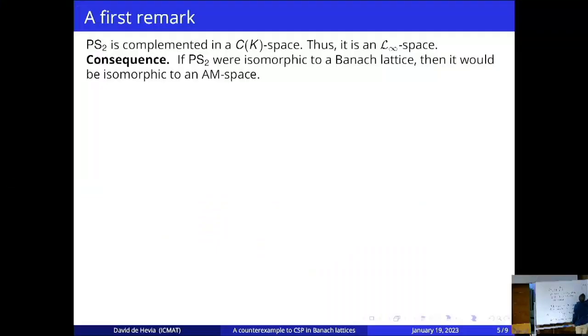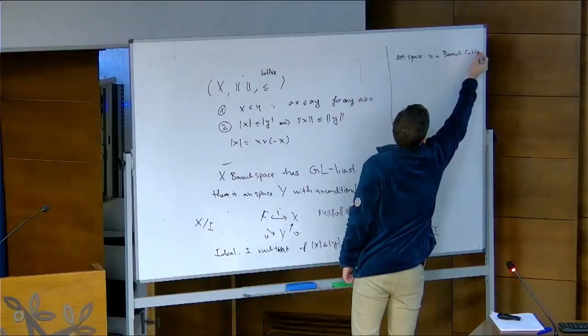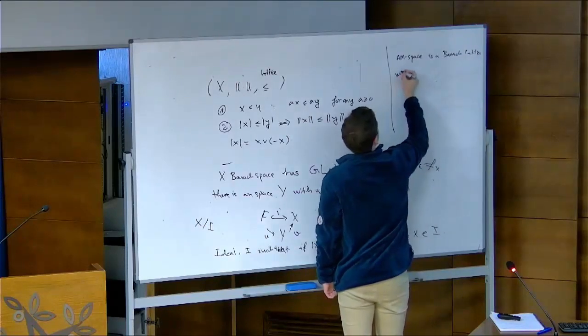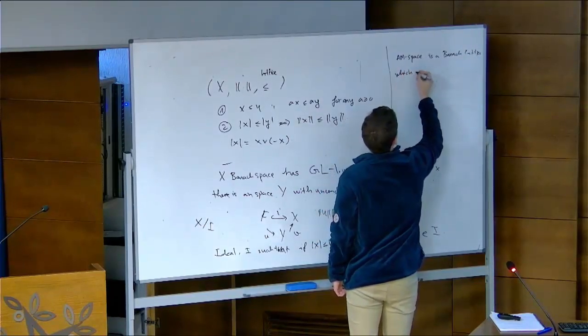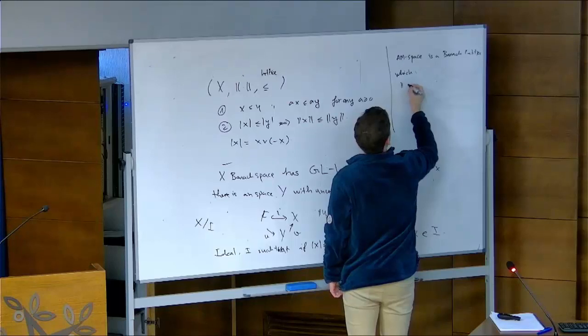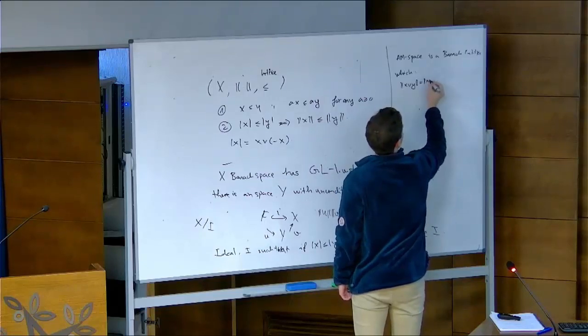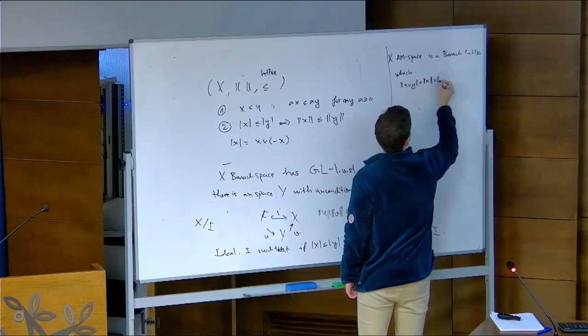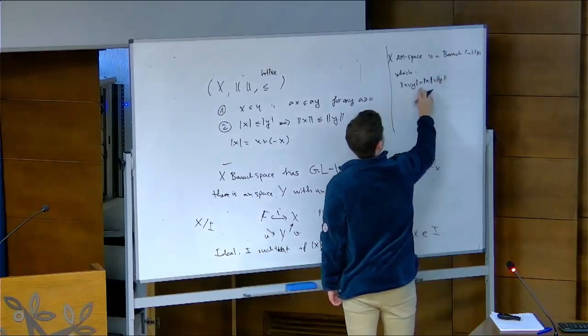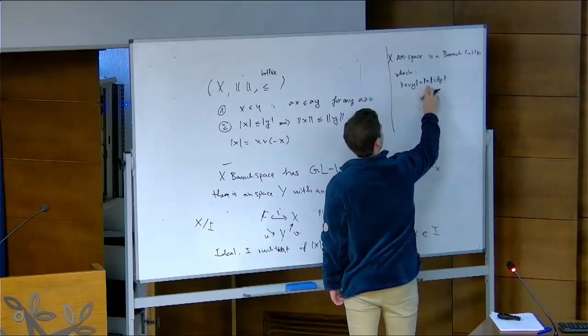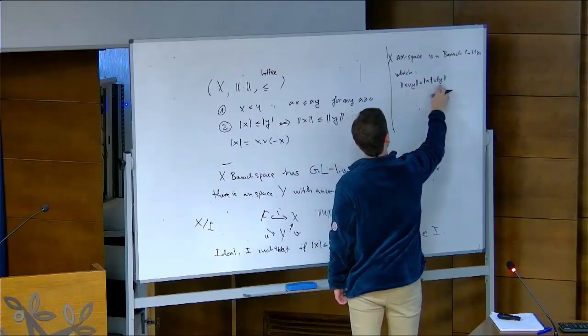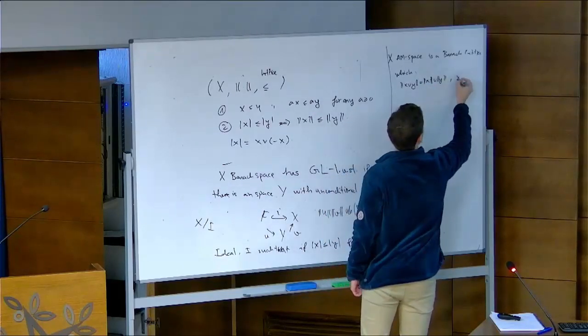An AM space is a Banach lattice which has this property: the norm of the supremum of two positive elements x and y in X coincides with the supremum of the norm of x and the norm of y.